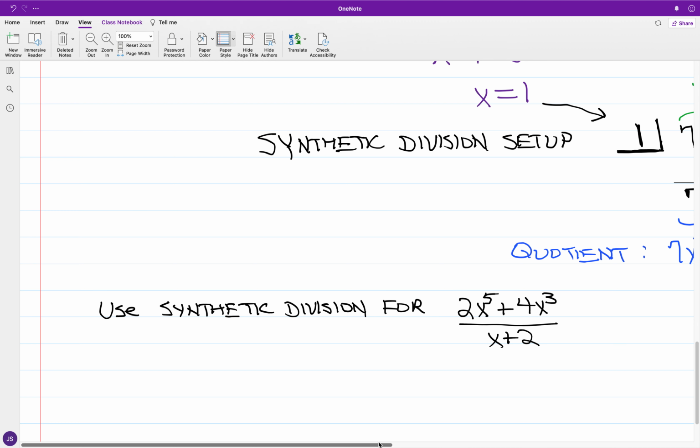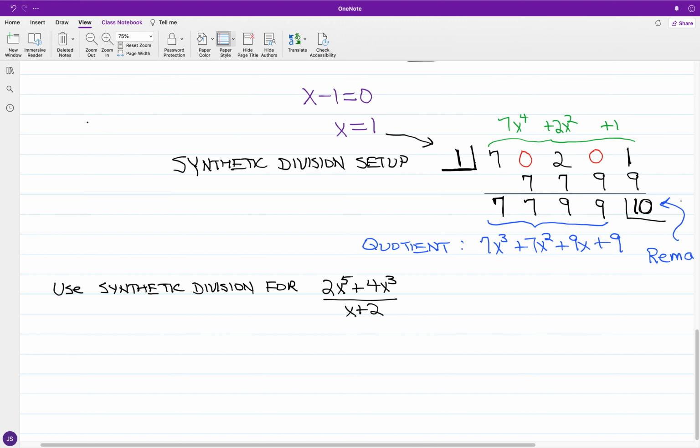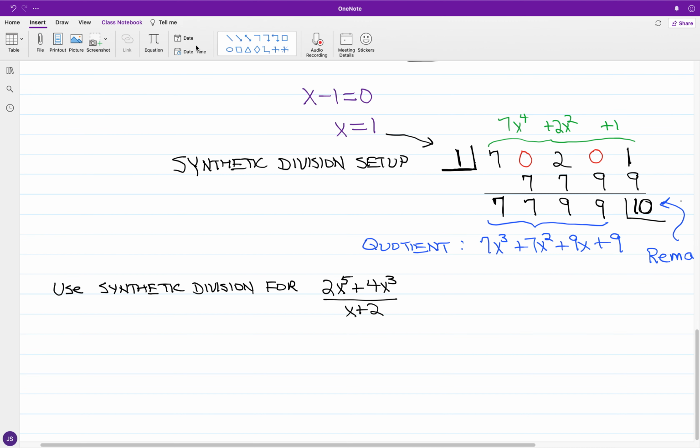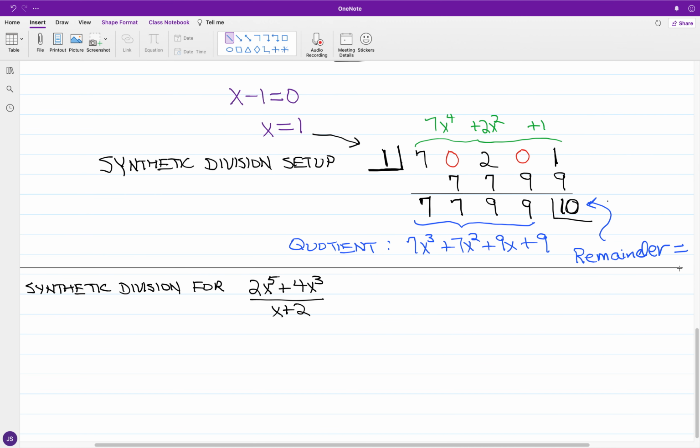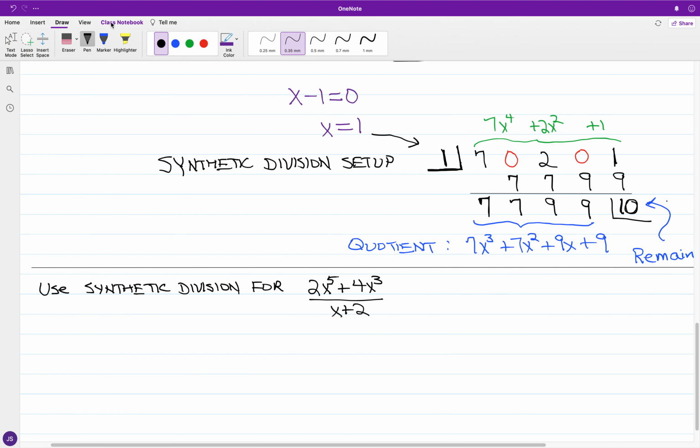For the synthetic division on this one, looking at what we have, it's optional, but as a visual aid you can visualize how this might look in a long division setup. But we're going to solve using synthetic division.